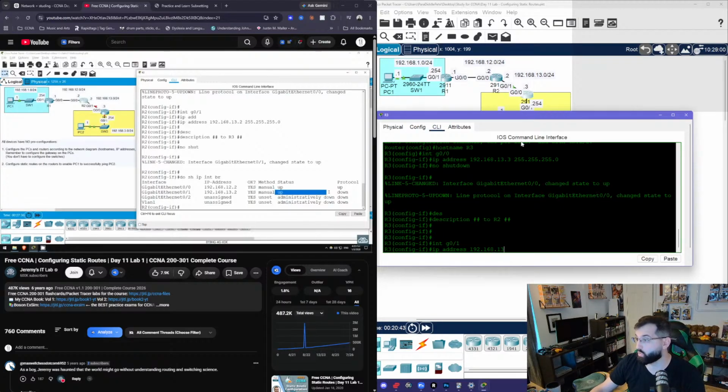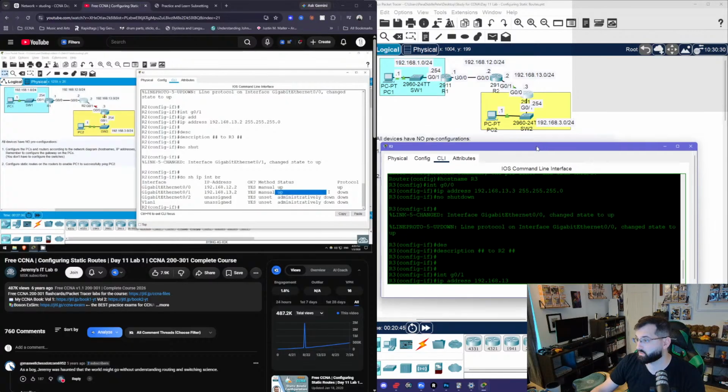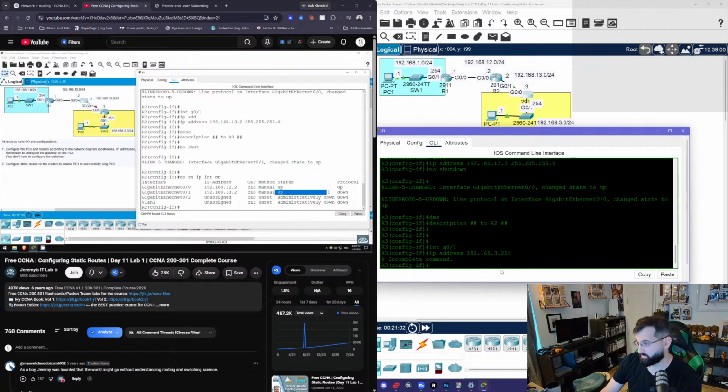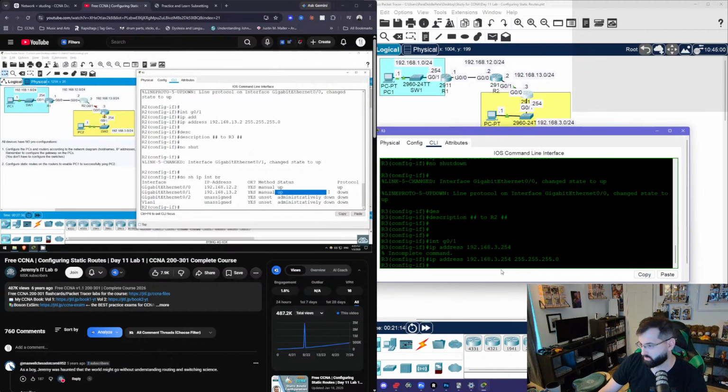192.168.13. No, that is not right. .3.255 because it's the default gateway. Okay. And we're going to put... Okay, hold on. No shutdown.